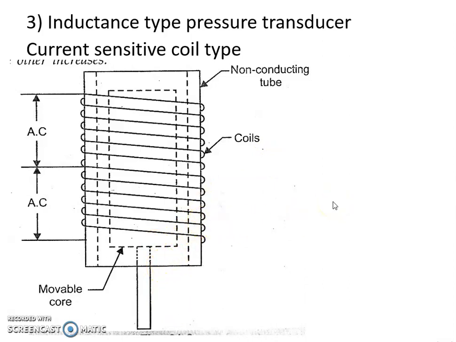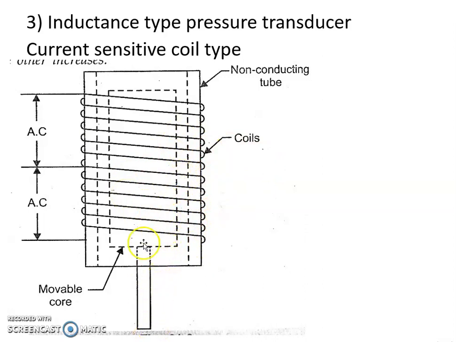In order to get increased sensitivity, the coil may be divided into two parts using a center tap. As you can see in this figure, the coil is divided into two parts with a center tap. So this actually provides two coils. As the core moves inside the coil, the inductance of one coil decreases as the inductance of the other coil increases.